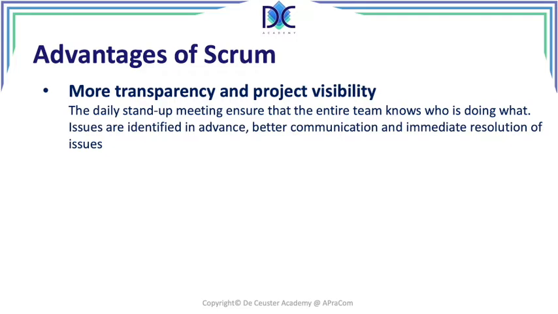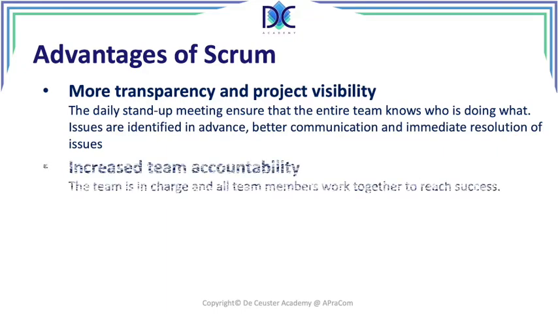This is a powerful way to communicate with the people and keep the team focused. You bring what you're doing to the team, and you also bring the issues that you are having. This provides an immediate resolution of issues because the team will be working on them together. They will understand what's going on.